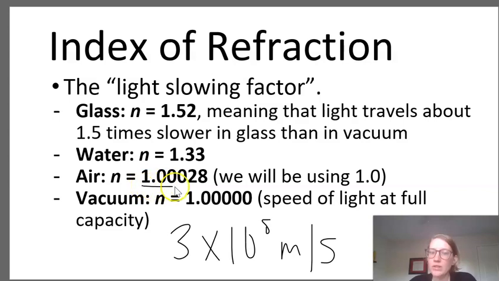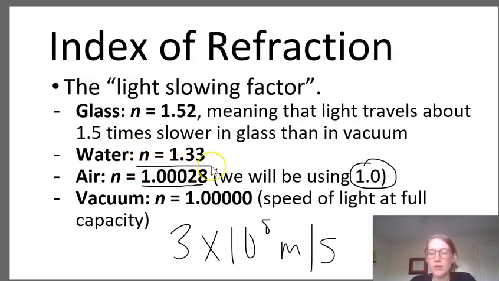In air, we are saying it's just a teensy bit slower, but it's 1.00028. It's so insignificantly slower that we'll still just use 1 as our index of refraction. Okay, it's so insignificant that we can't even really see it.